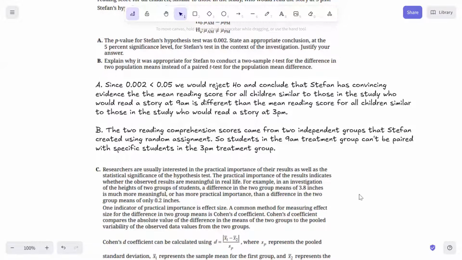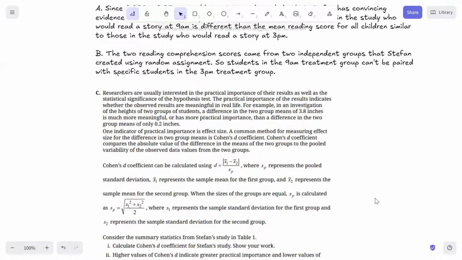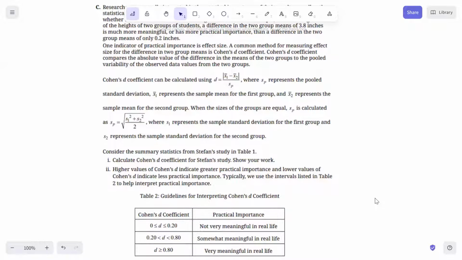Now, Part C has a lengthy explanation of what Cohen's D coefficient is and how to calculate it and what it means. I'm not going to read all through that. We're going to jump right to the question. Part I, calculate Cohen's D coefficient for Stephan's study, show your work.